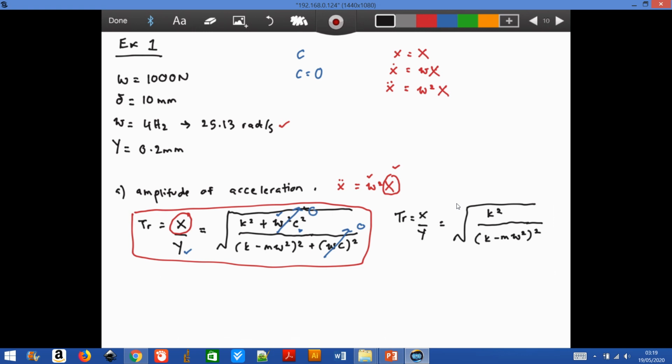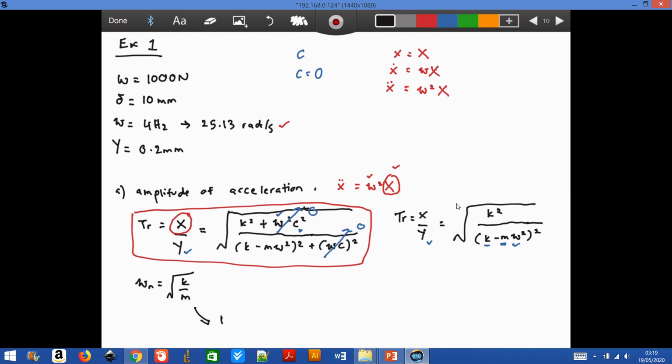So we have this one, we have omega, we don't have m, but we can find the m, and we don't have k. So in order to find the k, you know that omega n is equals to square root of k over m. So what is the value of m?